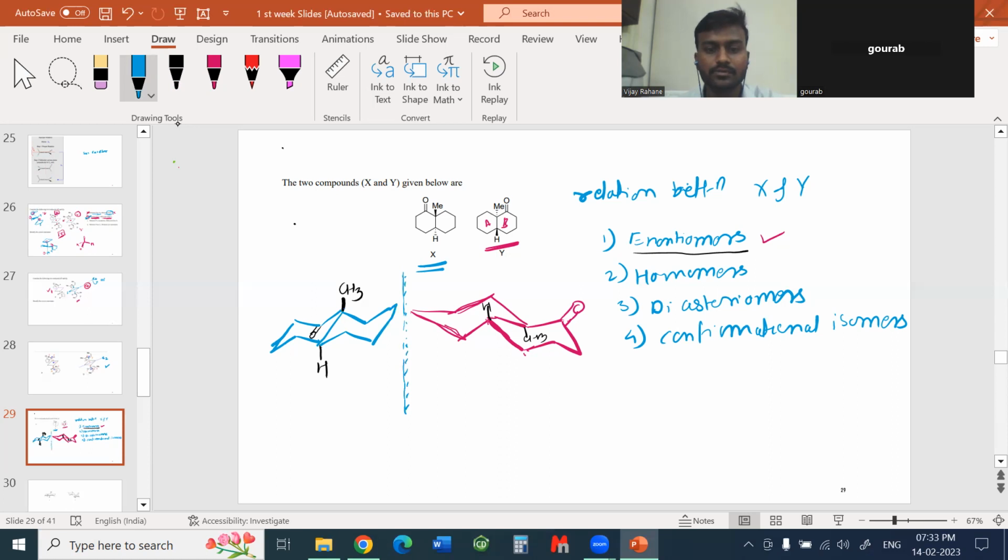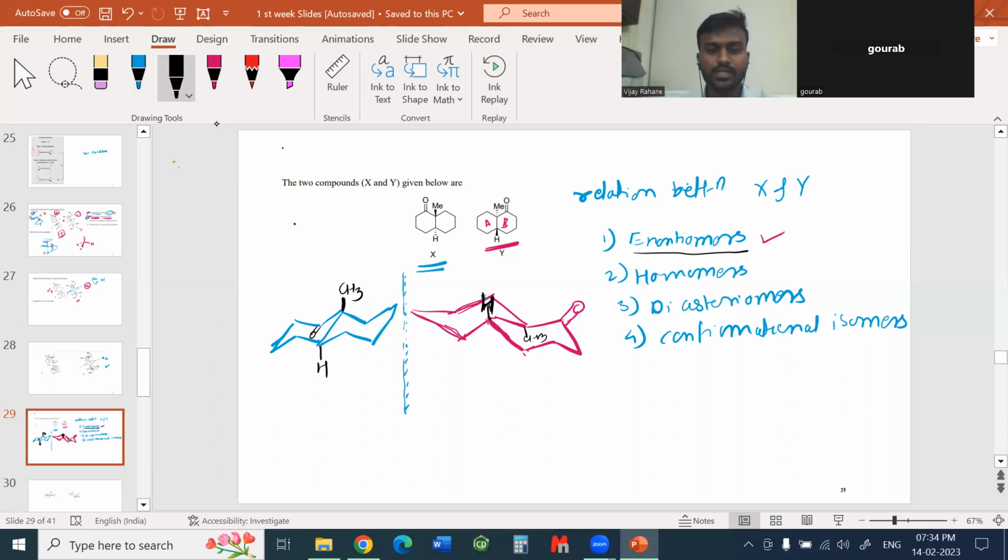No, because see here, we can check: methyl is up here, methyl is on the downside, and the carbonyl group and the methyl group in these two structures, the hydrogen here is down, here the hydrogen is on the upside, right?